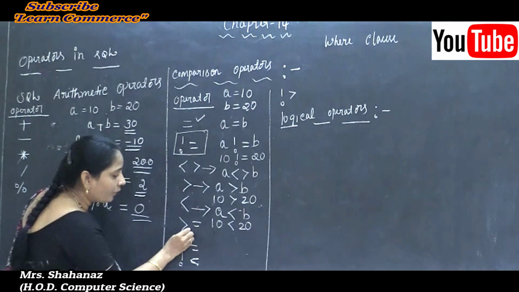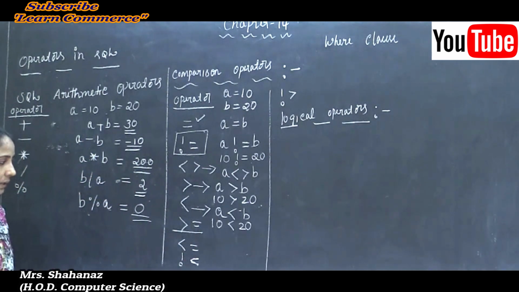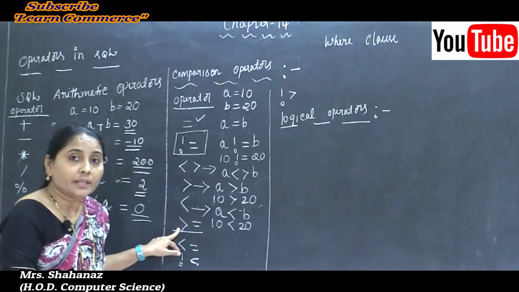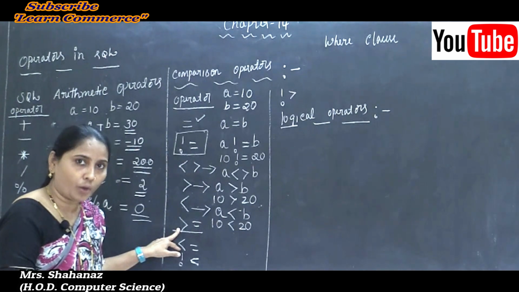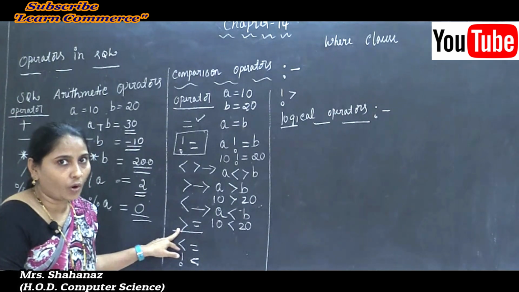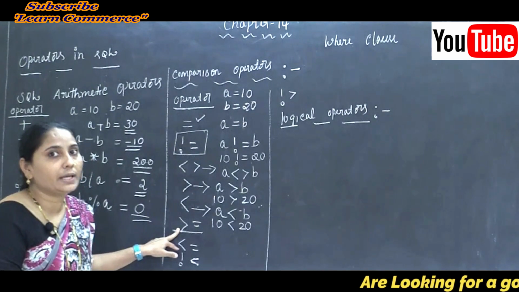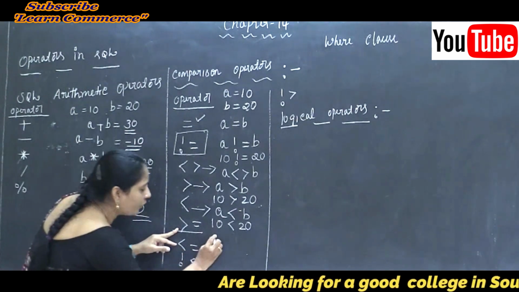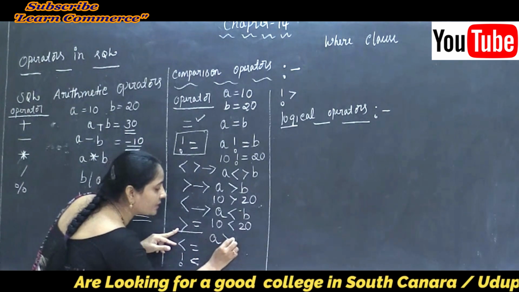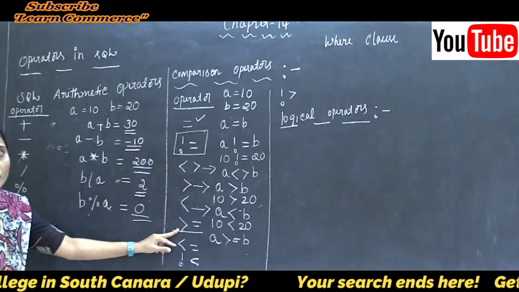Later, after completing this, the next thing is greater than or equal to. Clear this point here. Check whether the value of the left hand operand is greater than or equal to the value of the right hand operand. If yes, then only the condition becomes true. When you use A value is greater than or equal to B, is the condition true?